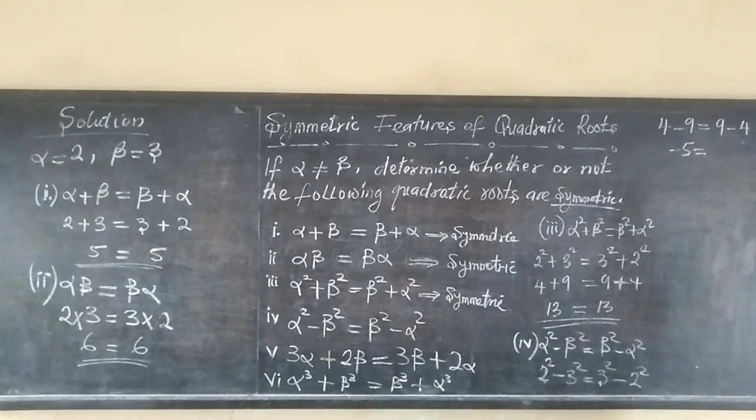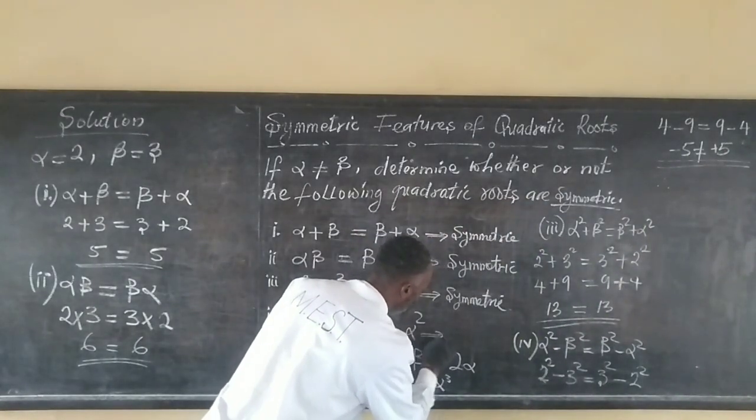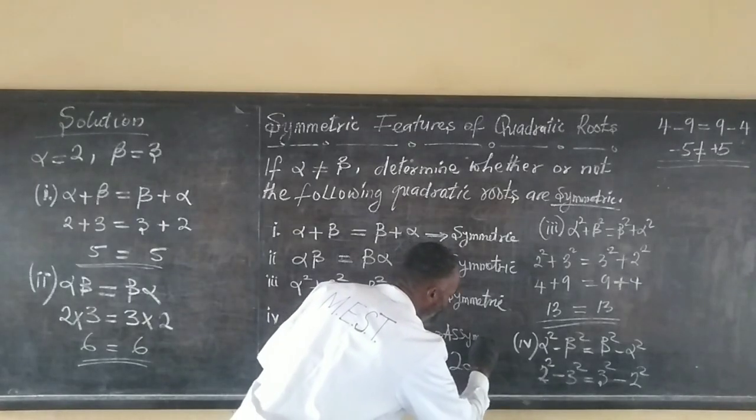You can see that it's already showing. And then 9 minus 4 is 5. This is negative, this is positive. What this means is minus 5 is not equal to plus 5. Therefore, at this point, we conclude that feature number 4 is asymmetric. That means it's not symmetric.